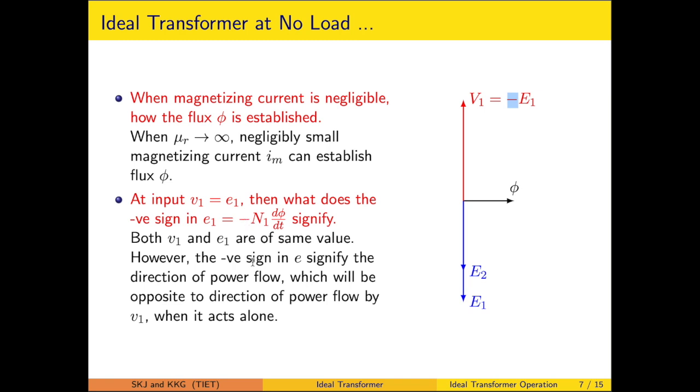When the induced EMF is acting alone, it will be supplying power to something connected on the left side, whereas when the input V1 is acting alone, the power is transferred to the electrical load on the right hand side. So this is a valid assumption.